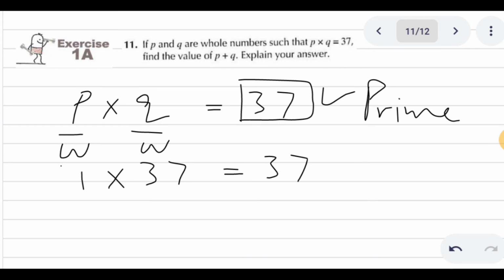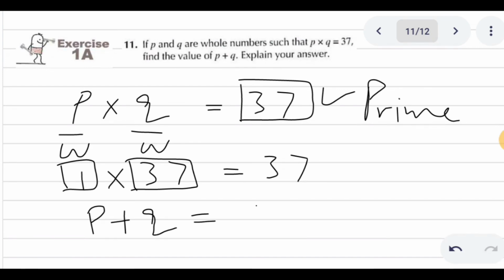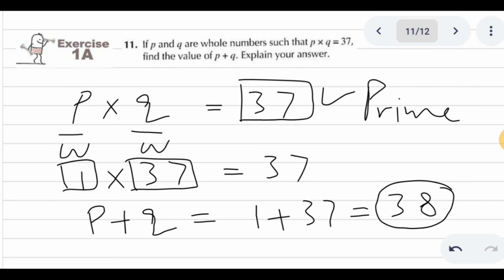So these two numbers P and Q must be 1 and 37. And if we want to find P plus Q, then it will be 1 plus 37, and its answer will be 38. So this is how this question is solved.